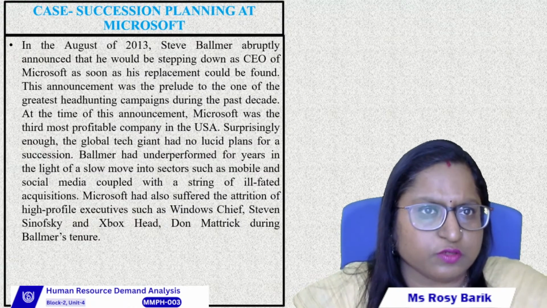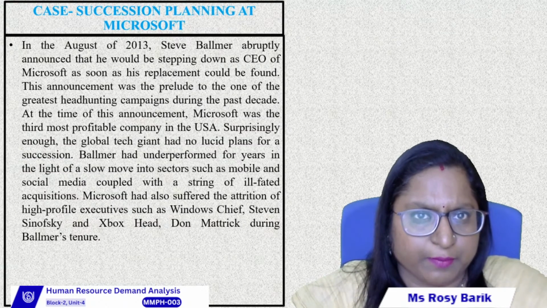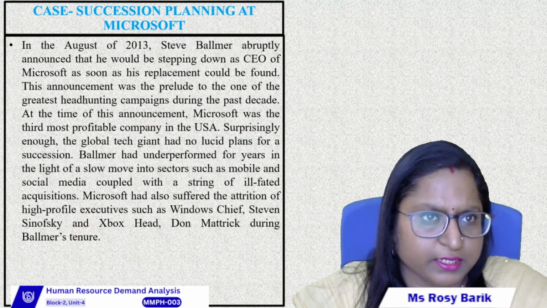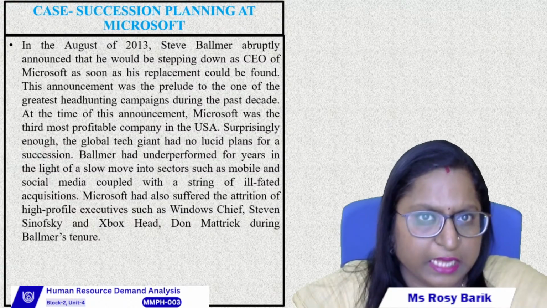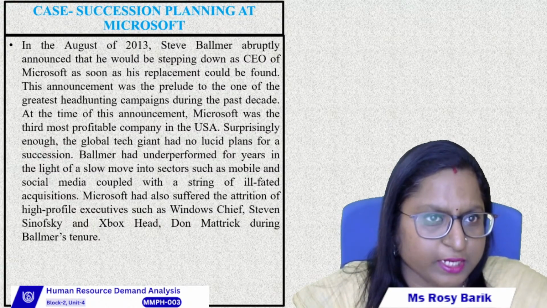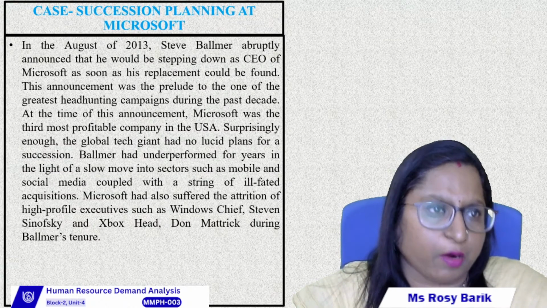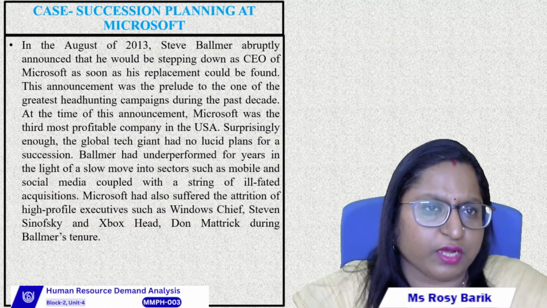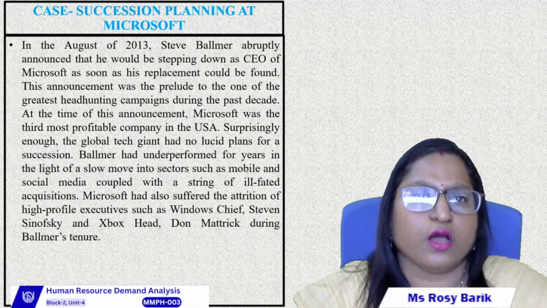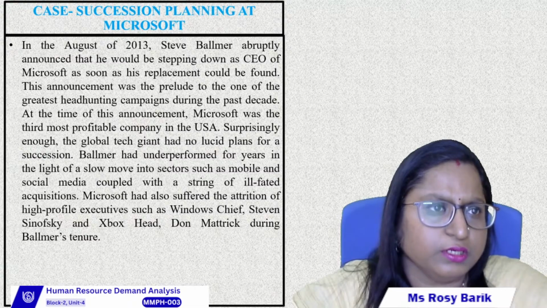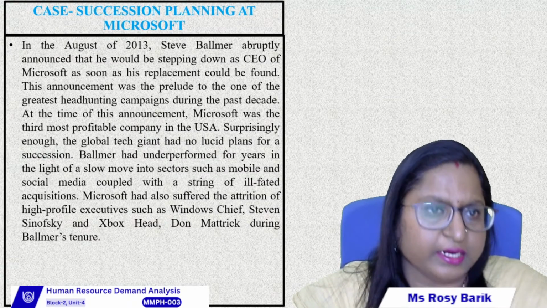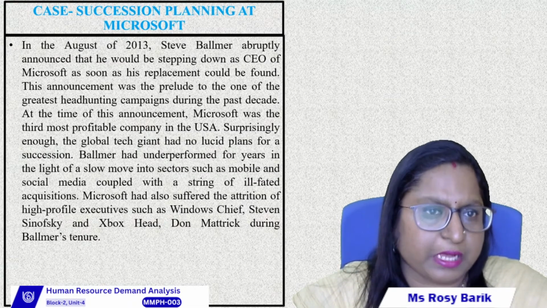In August of 2013, Steve Ballmer abruptly announced that he would be stepping down as the CEO of Microsoft as soon as his replacement could be found. This announcement was the prelude to one of the greatest headhunting campaigns during the past decade.